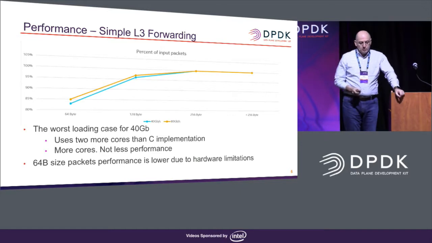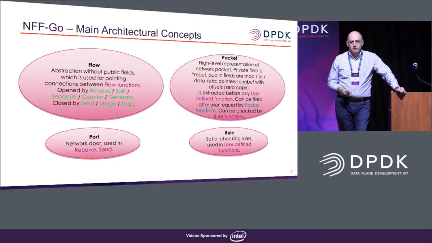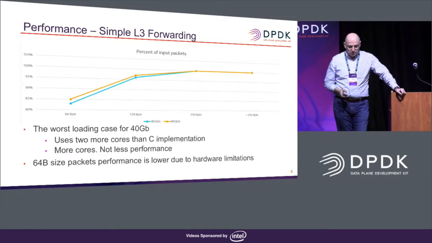We achieve line rate at 256 bytes, pretty similar to DPDK, and in that matter we are on par. There's a slight problem with 64-byte packets, which is due to hardware problems, not software. So on the software side, we are on par with DPDK.